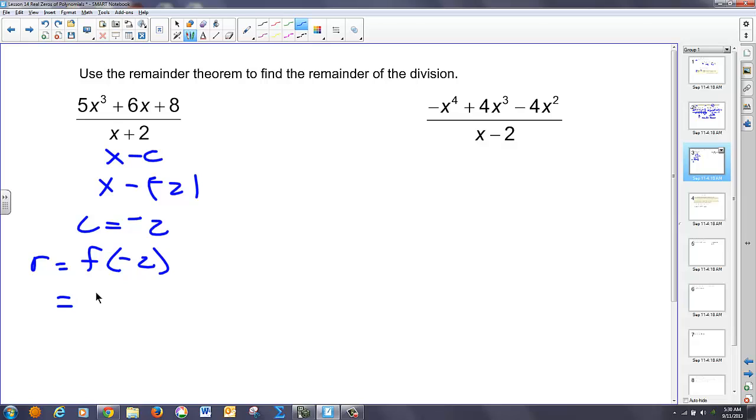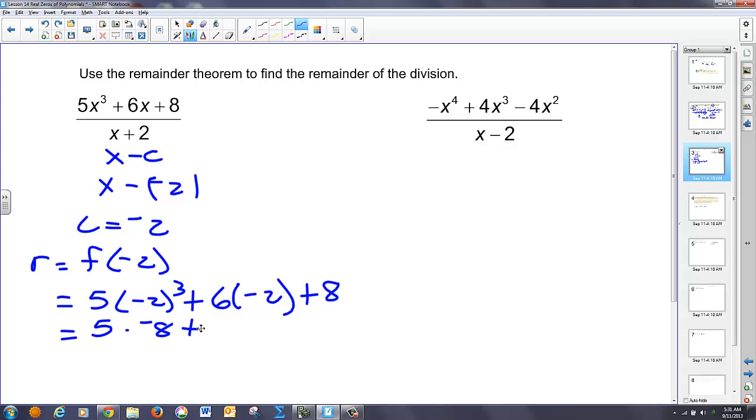Well, then that means I've got 5 times negative 2 cubed plus 6 times negative 2 plus 8. When we go through this, we have 5 times negative 8 plus negative 12 plus 8.